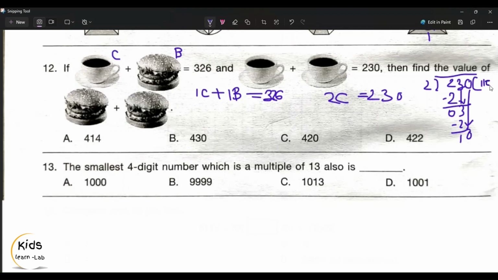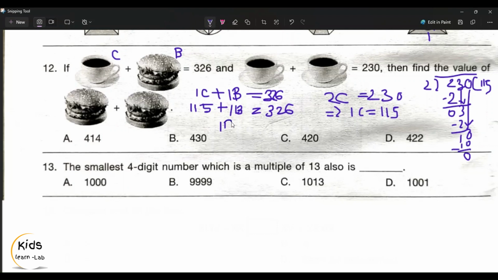So 2 5s are 10. 10 minus 10 is 0. So 1 cup is equal to 115. Let's substitute here. 115 plus 1 burger is equal to 326.